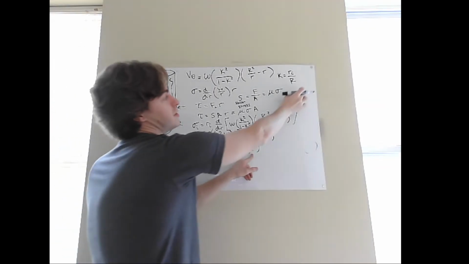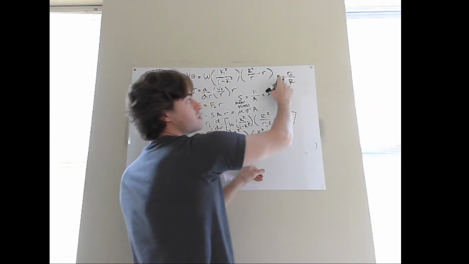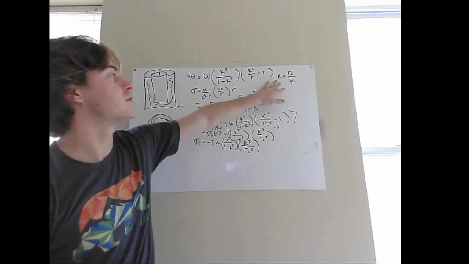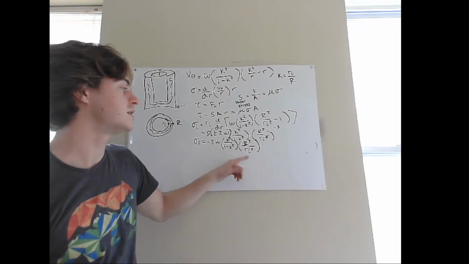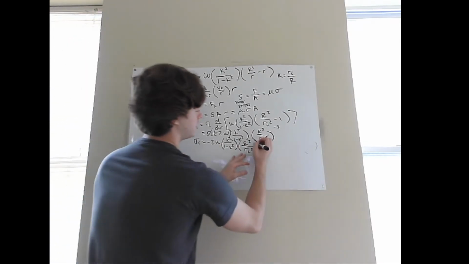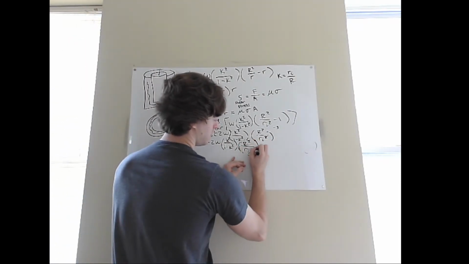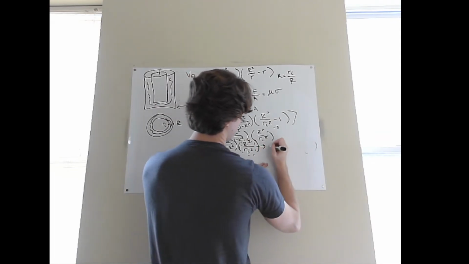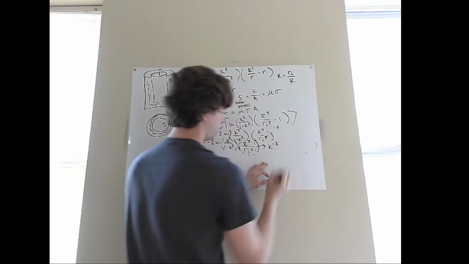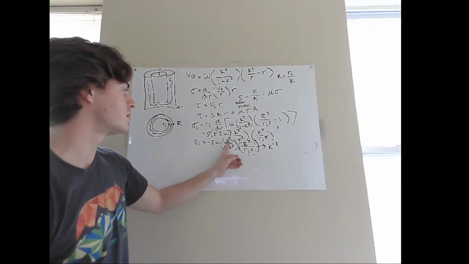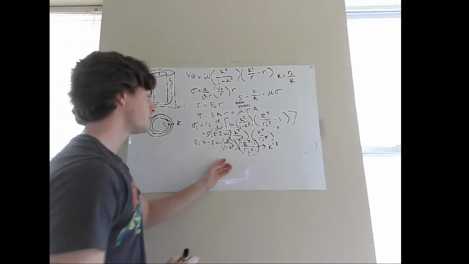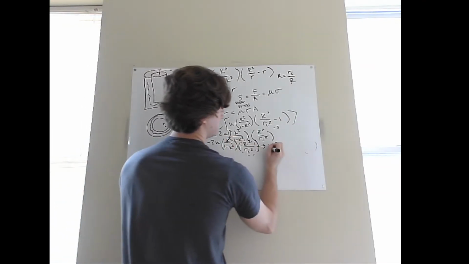So we can use our definition of k to rewrite this in terms of k. If you invert this, so k to the negative 1 will be our outer radius over the inner radius, and then we have to square it. So this whole expression here is equal to k to the negative 2. This k to the negative 2 power is going to cancel with this k squared, and we can rewrite this a little simpler.